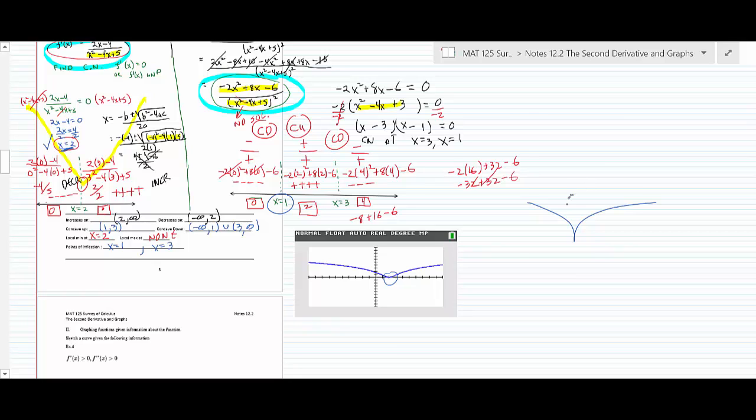So it's actually doing more like this, where you have an inflection point, kind of does something like that and like that. You'd have to zoom in on your calculator to really see that well. The calculus doesn't lie. Okay, we're 100% right on this. But looks can be deceiving. You see what I mean? Okay, how's that look to everybody? Okay, impressed?